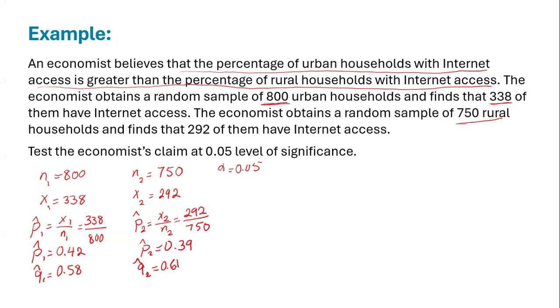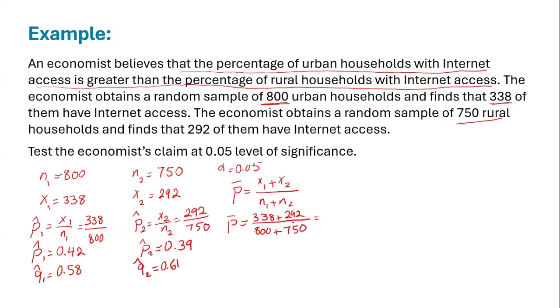For checking the requirement, we also need the pooled proportion. We need to find P bar and Q bar as well. P bar is X1 plus X2 over N1 plus N2. P bar is 338 plus X2, which is 292, divided by N1 plus N2.